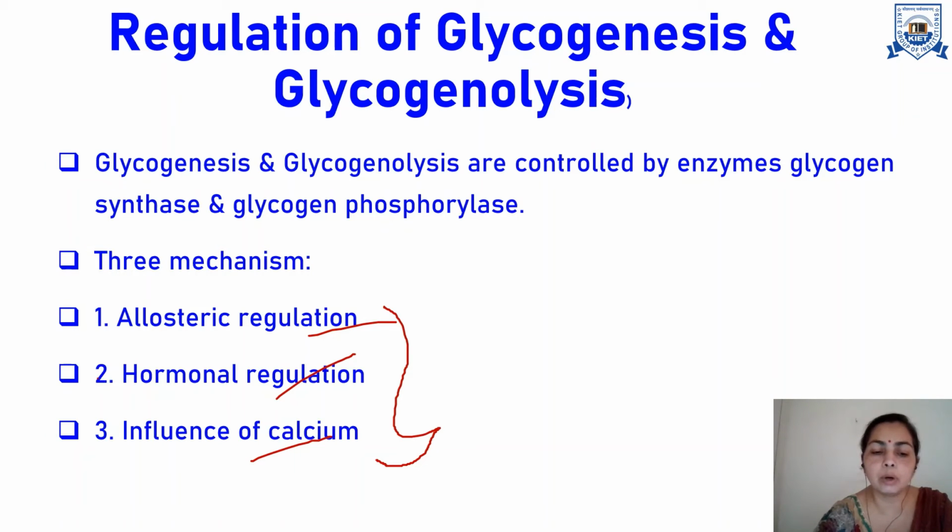They bring about glycogenolysis through their action on glycogen phosphorylase. Glycogen synthesis is inhibited by epinephrine and glucagon, as they inactivate glycogen synthase, and in this way when it is inactivated, glycogenesis will be stopped. So that is hormonal regulation.